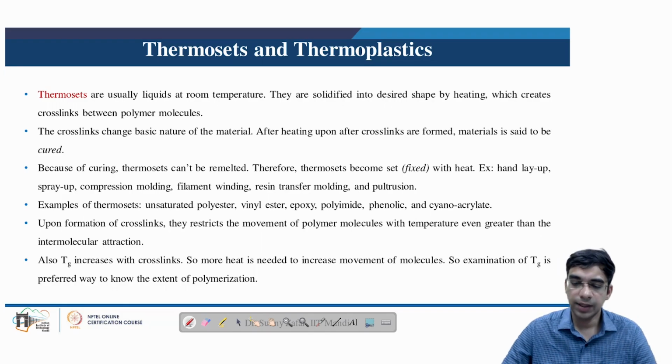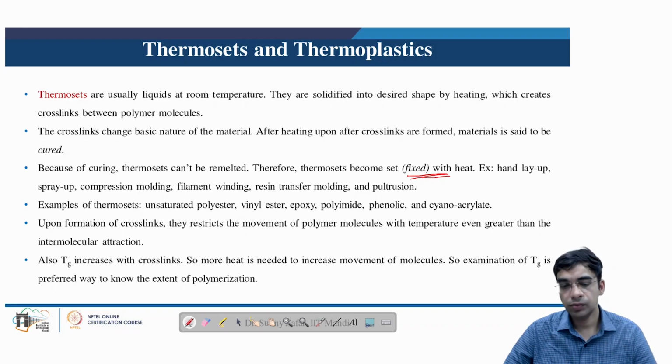Therefore, thermosets become fixed with heat, and manufacturing processes such as hand layup, compression molding, filament winding, resin transfer molding, pultrusion, etc. depend on this property of thermosets. Popular thermosets used in engineering applications and products include polyester, vinyl ester, epoxy, polyamide, phenolic, and cyanoacrylate.